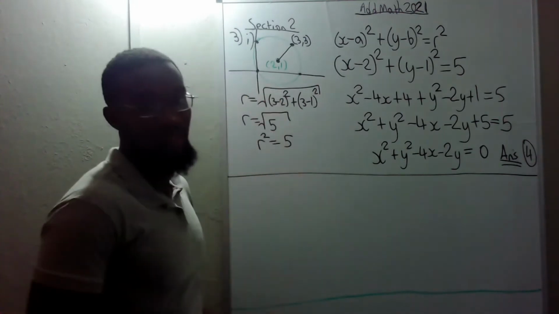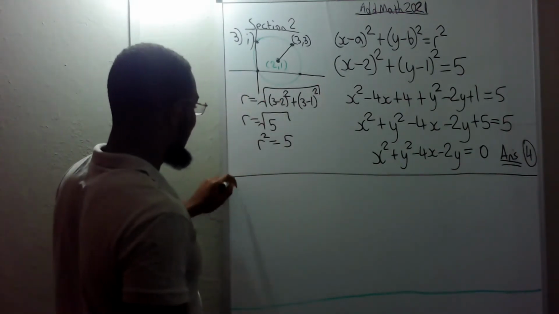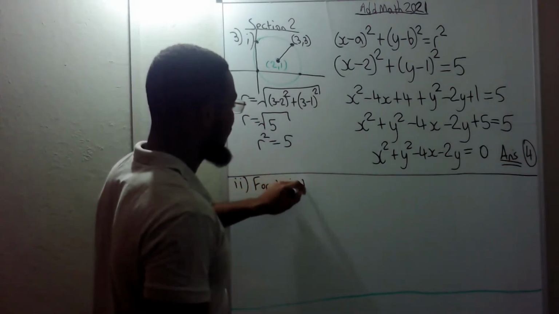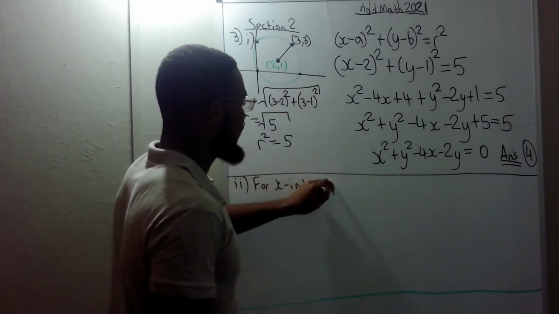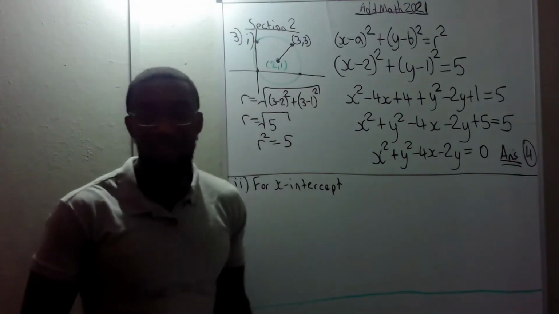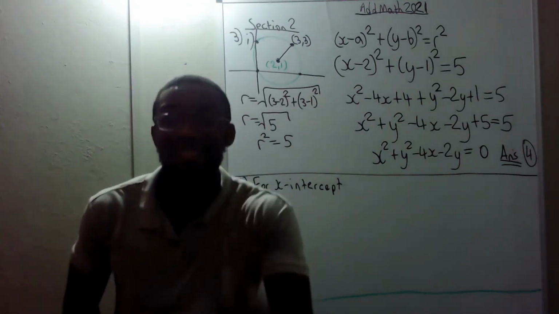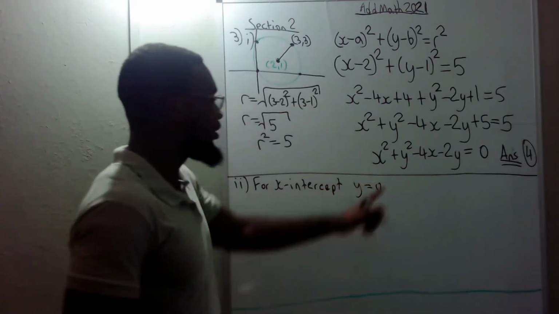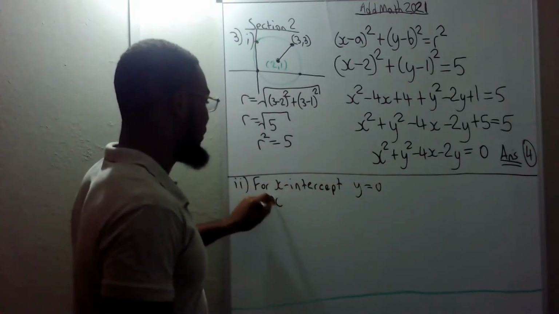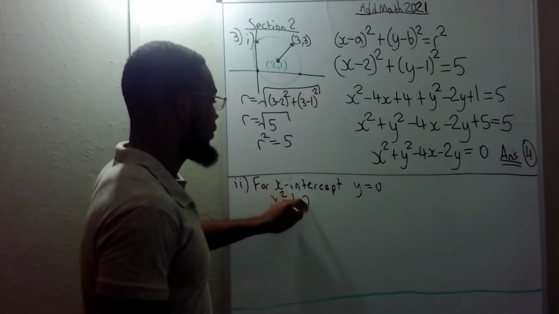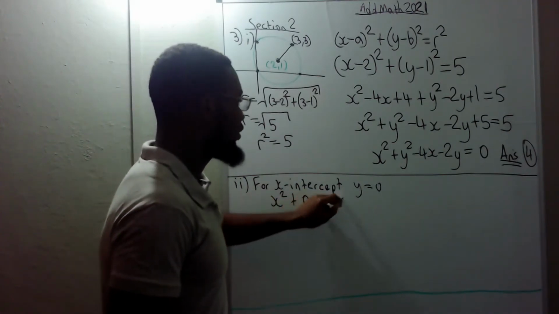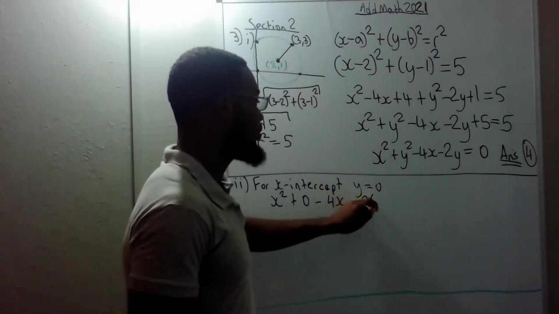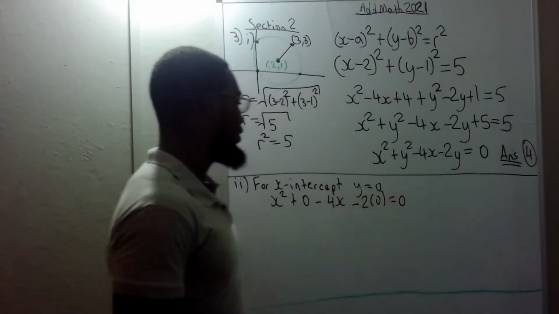Let's start with the x-intercept. So guys, what you're going to tell them for part 2 is for x-intercept. What do you know about x-intercept? y equals 0. So put y as 0 here, that becomes x squared plus 0 minus 4x, minus 2 times 0 equals 0.